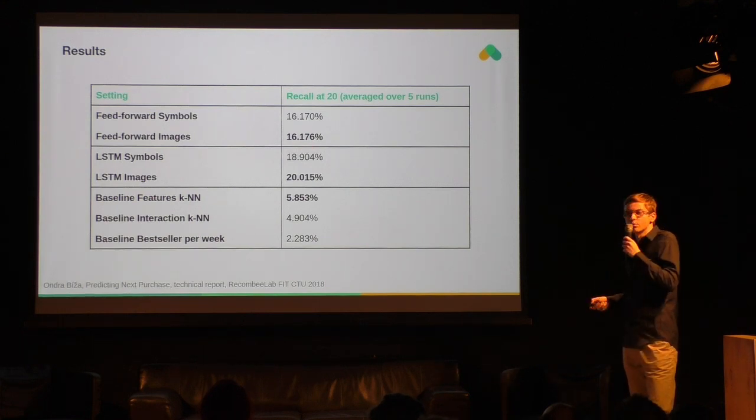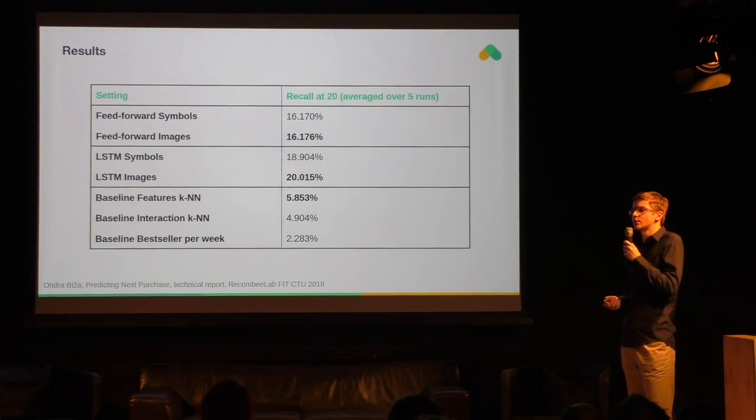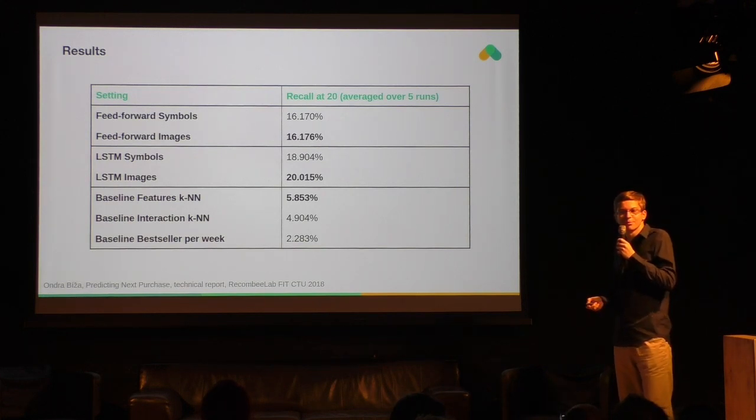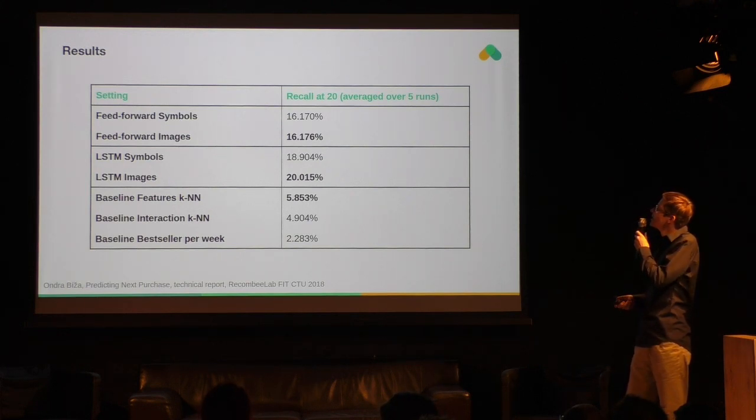I can't really tell you why. Maybe if we tried some other things and played with the architecture a little bit more, you would get different results. It's always a little bit of a shot in the dark with neural networks. You can't tell in advance what will happen.